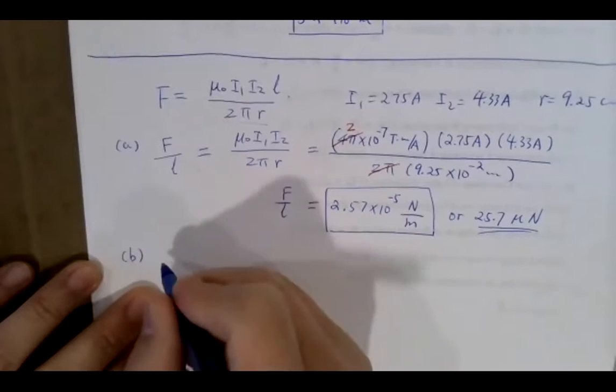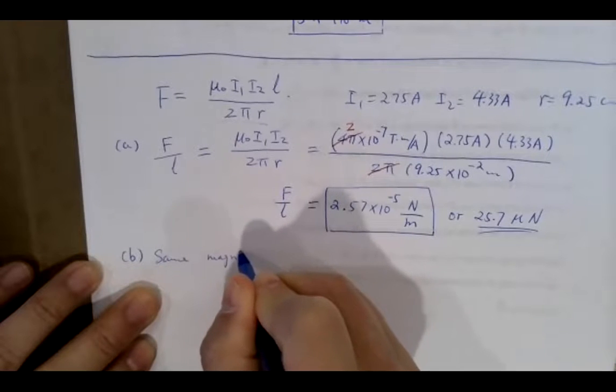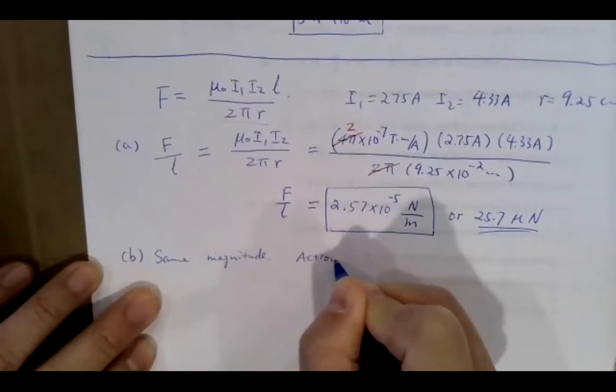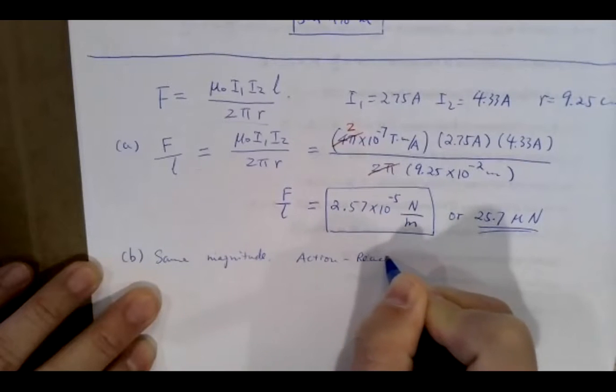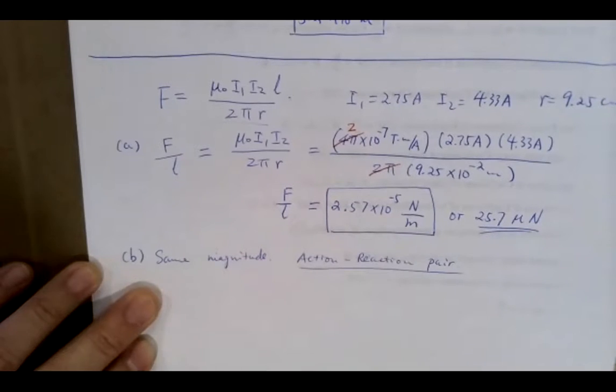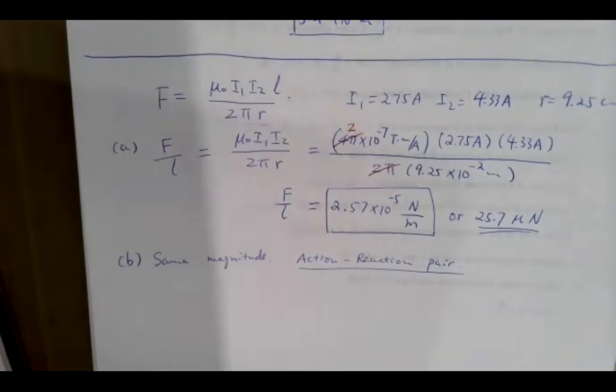Now for part B, we have mentioned that one. It should be the same magnitude because they are an action and reaction pair. The two forces are an action and reaction pair, so they should have the same magnitude in that case.